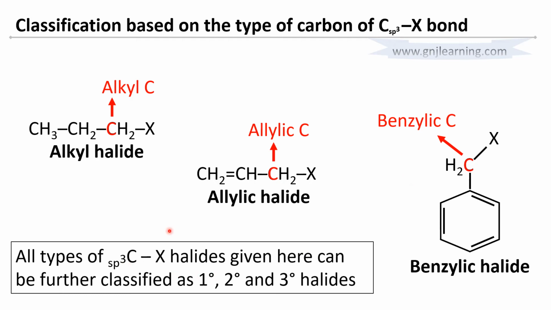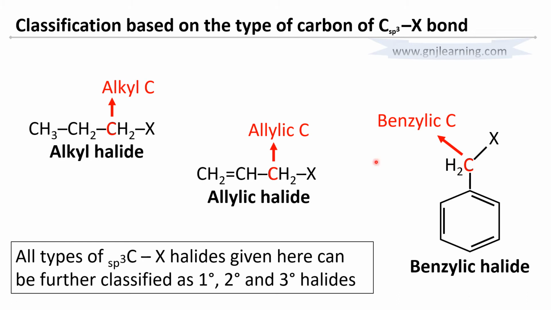All these types of carbons, the carbon attached here, can be further classified as primary, secondary and tertiary halides. So alkyl halide can be classified as primary, secondary and tertiary. Allylic halide can be classified as primary, secondary and tertiary, and benzylic halide again can be classified as primary, secondary and tertiary.